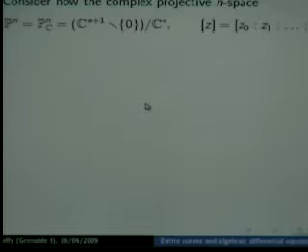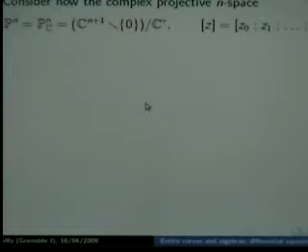Okay, and we are interested actually in algebraic varieties, so we are considering complex projective space, just the quotient of Cn plus 1 minus 0 by C star, and one denotes by Z0, Z1, ..., Zn the equivalence class of the point Z. I don't remember the English word for this.